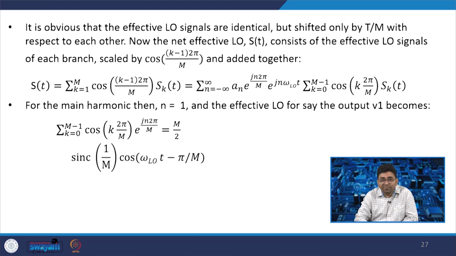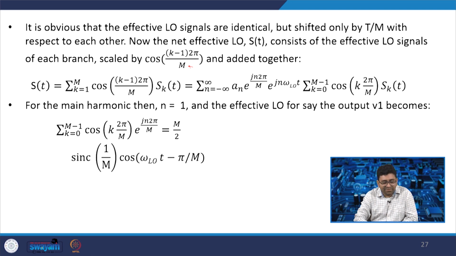So, it is obvious that the effective LO signals are identical, but shifted only by T by M with respect to each other. Now, the net effective LO S(t) consists of the effective LO signals of each branch scaled by a cos((k-1) 2 pi / m) and added together.